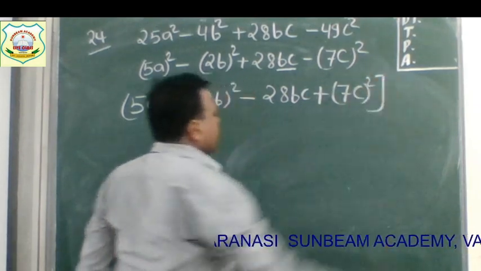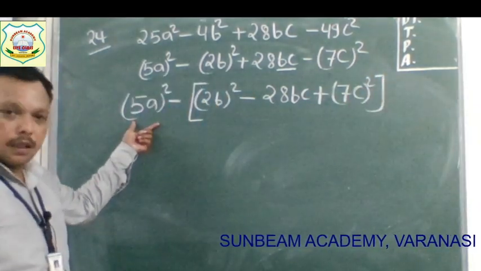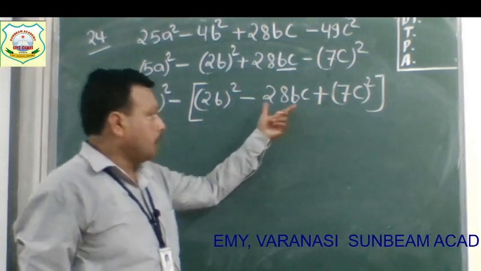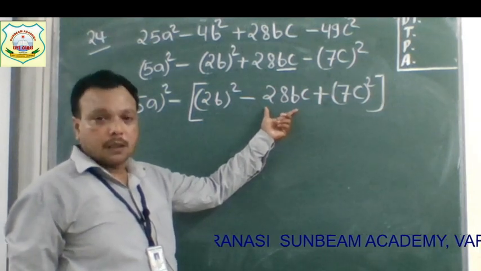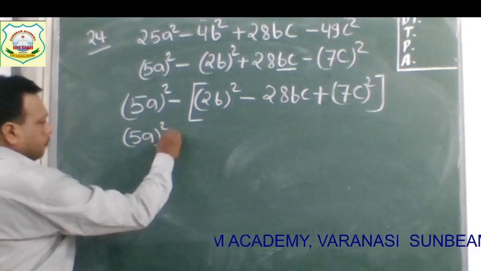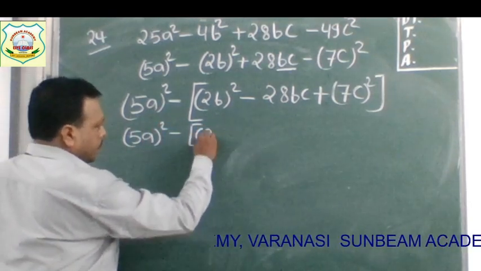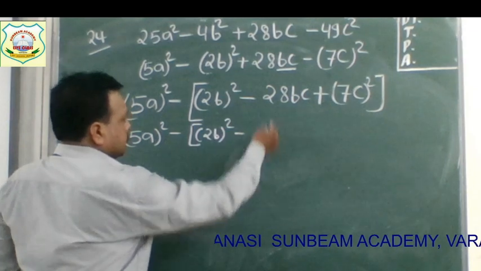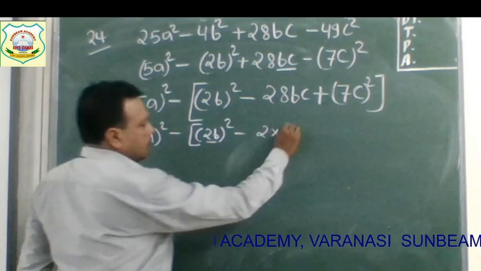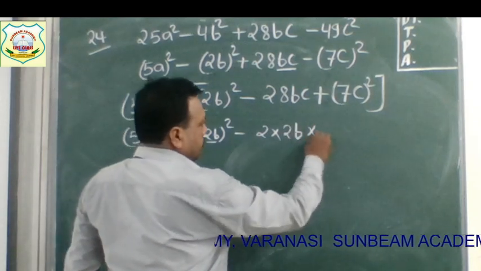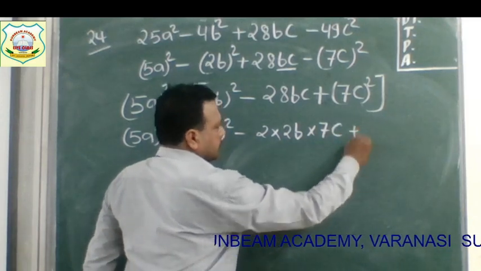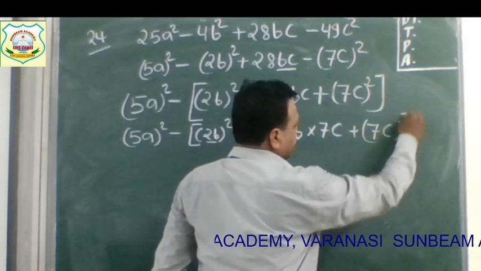Now, students, what we can see here: 5a whole square is already a square, minus a square plus b square minus 2ab. So we will convert into minus 2ab. 5a whole square minus 2b whole square minus 28, like 2 multiplied, the a is 2b we will write, multiplied by b, where b is 7c, plus 7c whole square.